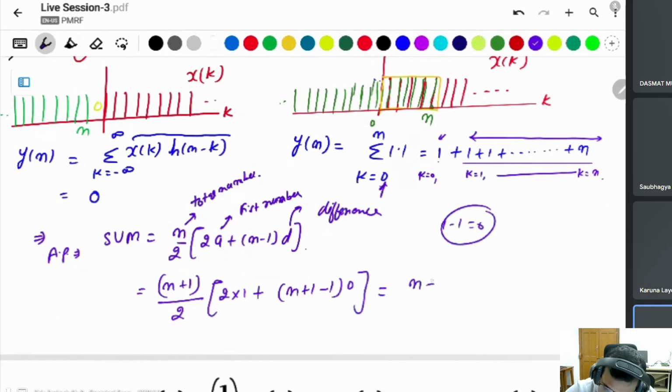That's why you can say n plus 1 by 2 into 2 plus 0, which means n plus 1. The summation of everything is n plus 1.